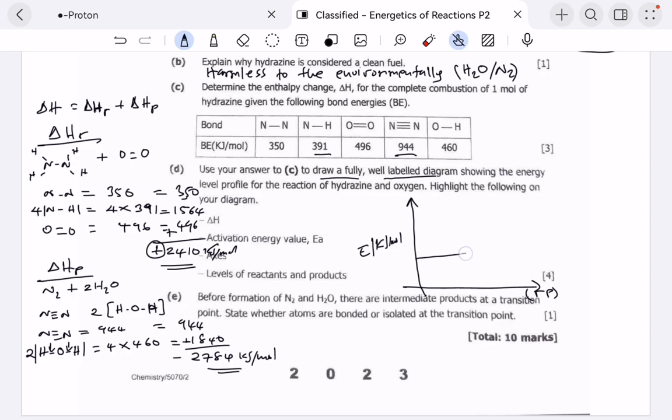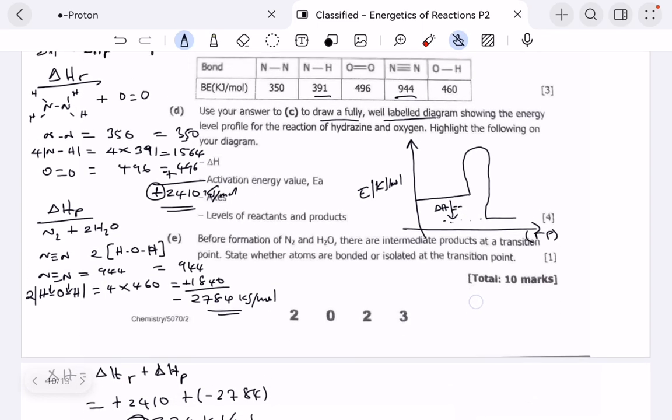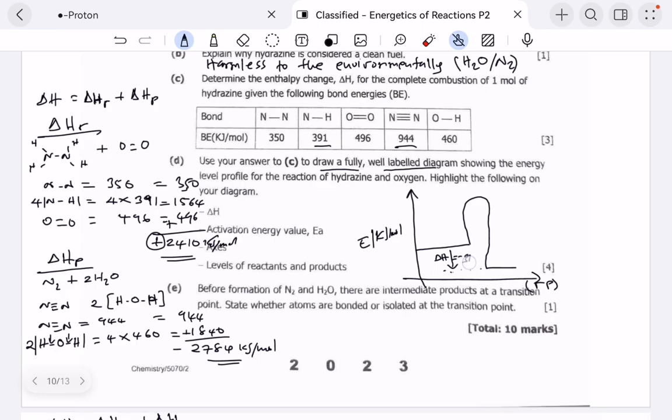There are important things that we need to capture in this, such as the enthalpy, which is a negative 374.